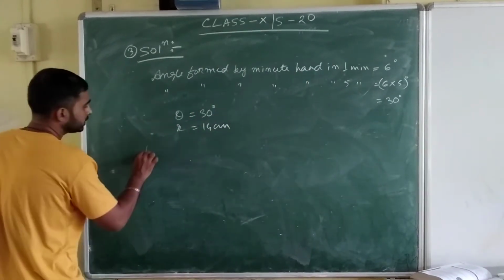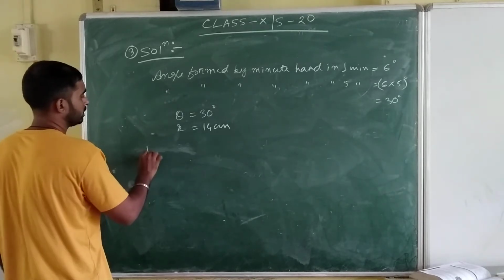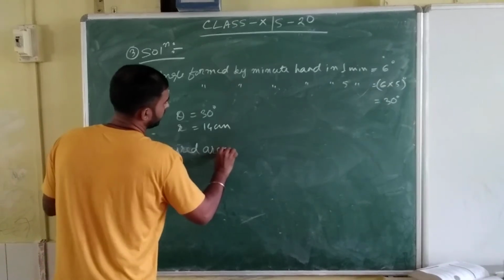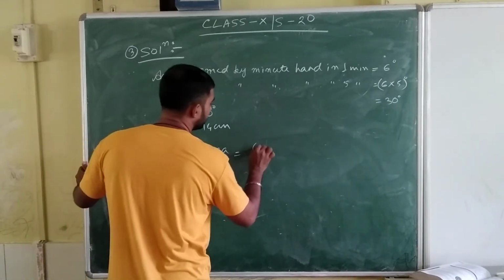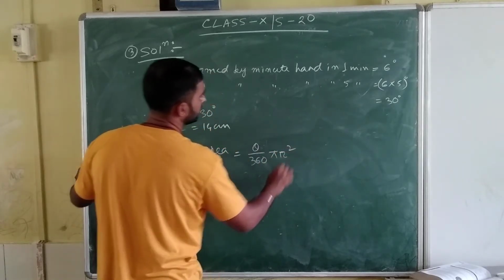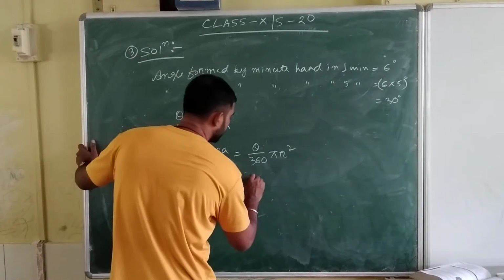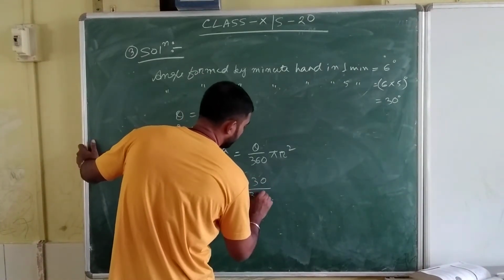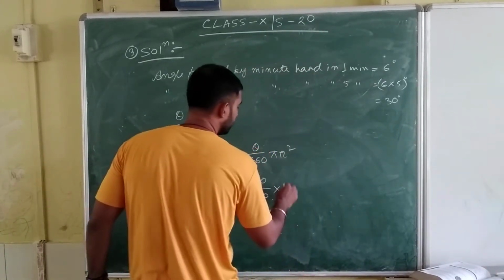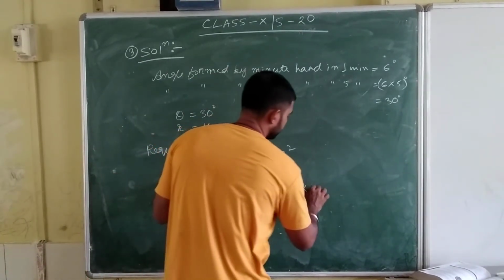Therefore the required area equal theta by 360 pi r square. Theta equal 30 degree, 30 by 360 into pi. Pi is not given, so 22 by 7 into r square, r equal 14.